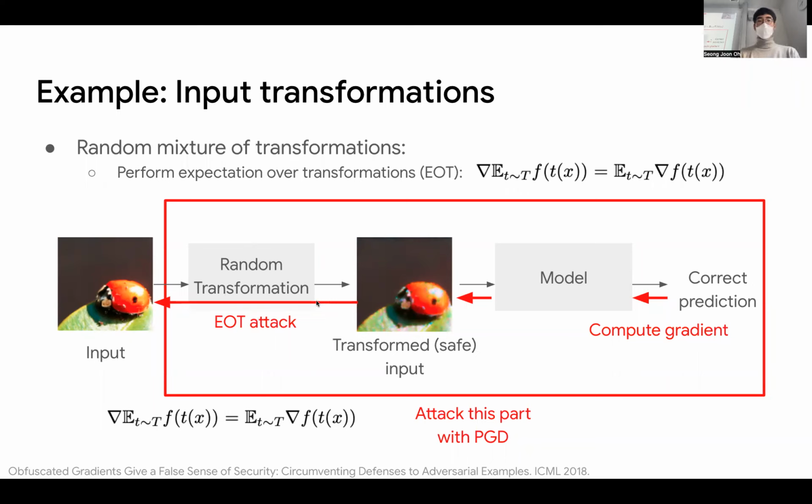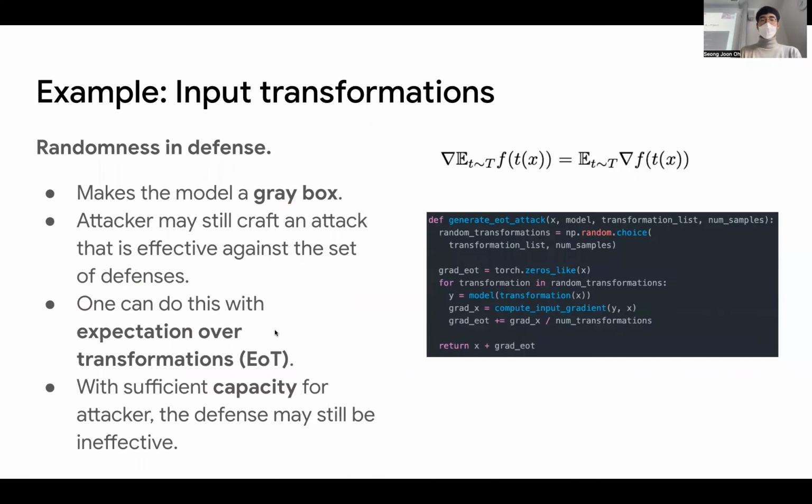But even so, the attacker can still look at the possible list of transformations and generate an attack which works for any of these transformations. This is called expectation over transformations.